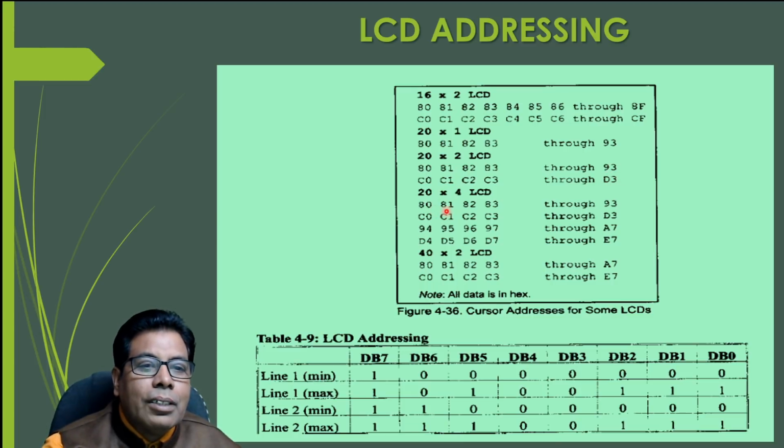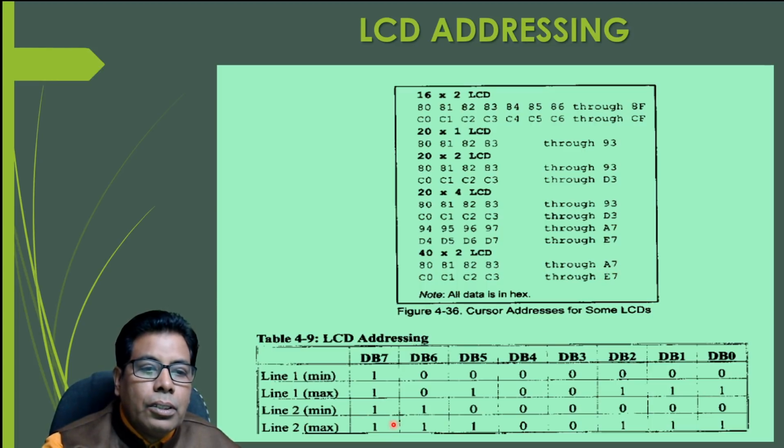Then 20 by 4 will have 4 lines. Then 40 by 2 will go up to A7. That's why in this table we have shown the cursor addresses for some of the displays. In general, the minimum will be 1000 0000, that is 80, and the maximum will be 1010 0111, that is A7.